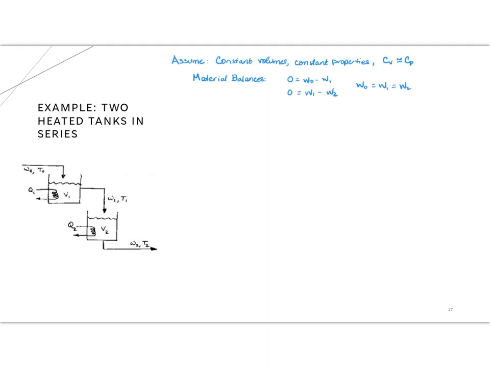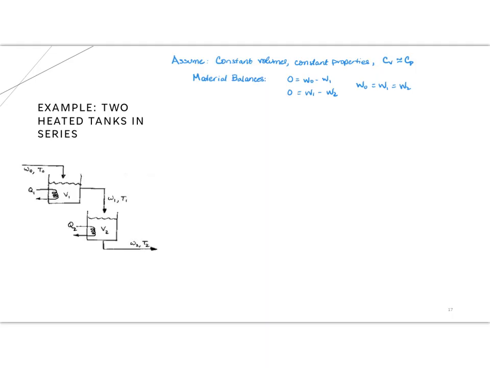These energy balances look very much like the one we did in the previous lesson. So my volume, V1 for the first tank, V2 for the second, rho times CP, dT1/dt, the temperature inside the tank, if it's well mixed, should be the same as what comes out, T1, and V2 rho CP dT2/dt for the second tank.